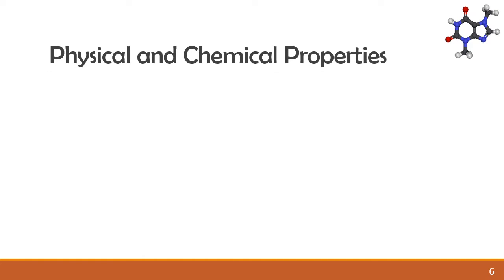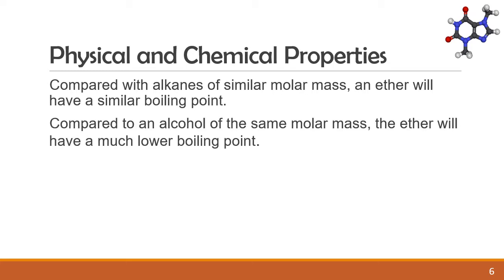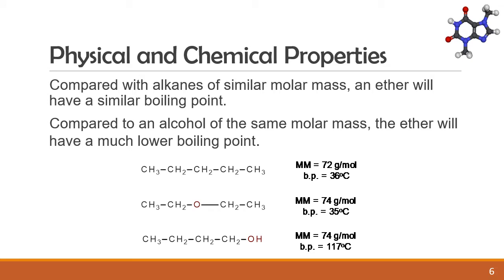Here are some physical and chemical properties of ethers. Compared with alkanes of similar molar mass, an ether will have a similar boiling point. Compared to an alcohol of the same molar mass, the ether will have a much lower boiling point. Here are examples of an alkane, ether, and alcohol.